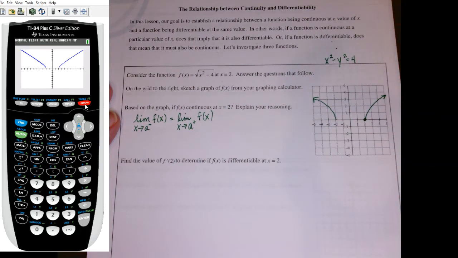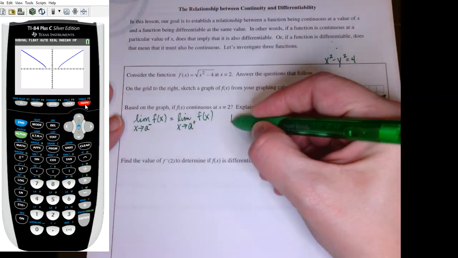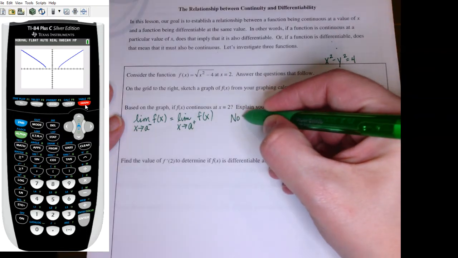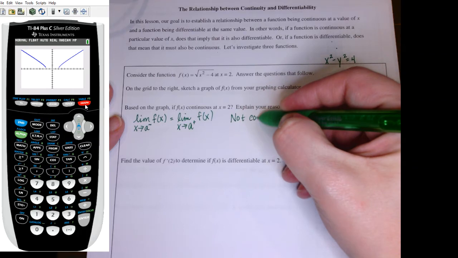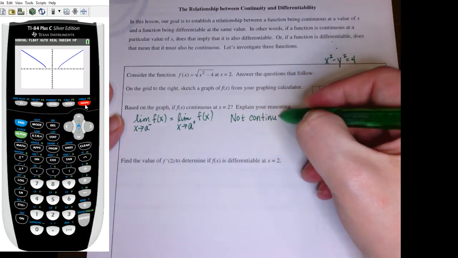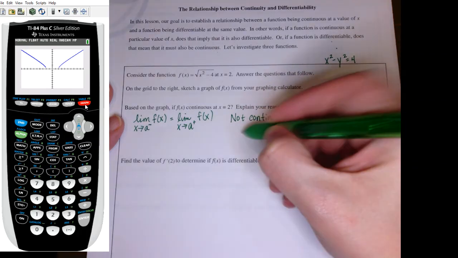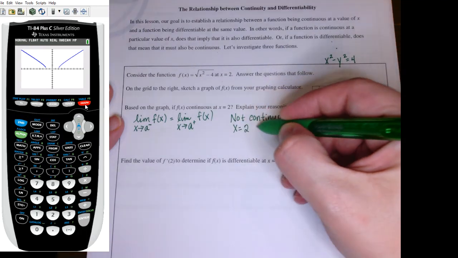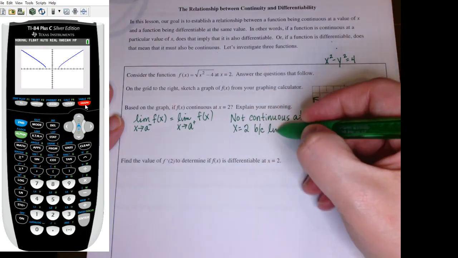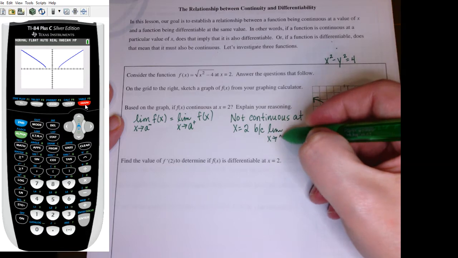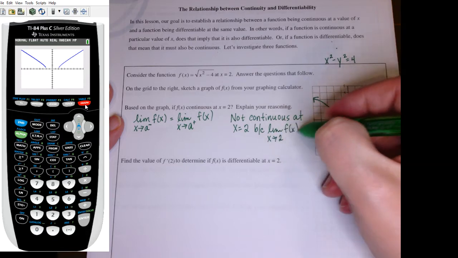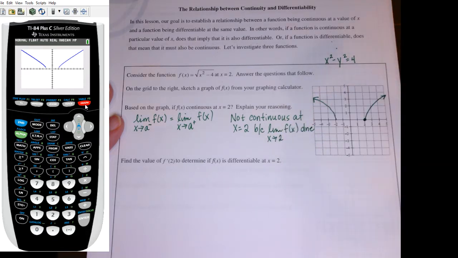So if we're coming into 2 from the right, no problem. That's going to exist. Coming in from the left at 2, it's not going to exist. So this is not continuous, only at x equals 2, because the limit as x approaches 2 does not exist.